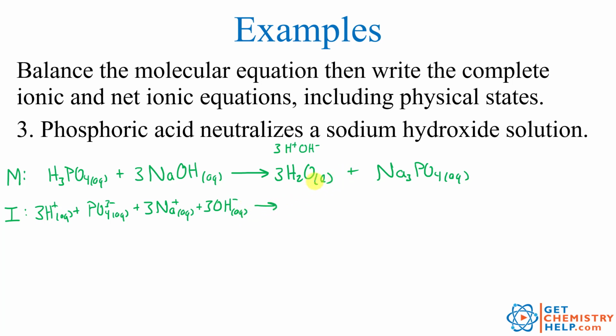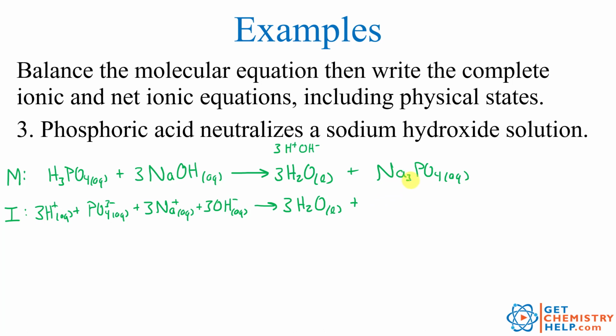How about the liquid water? Again, we don't dissociate solids, liquids, or gases, only if it's ionic and soluble, so we'll just leave that together as 3 water liquids. Sodium phosphate, well, that is ionic and it's soluble, aqueous, so we will dissociate that.